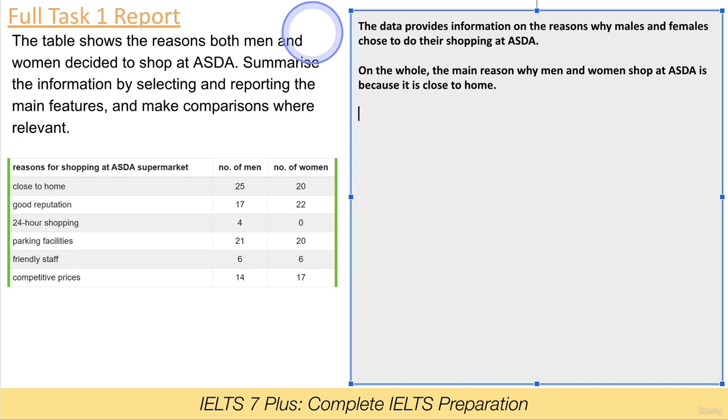So we're not pulling figures from the table just yet. That is what our groups are all going to be about. So let's dive into our first group, and these are the most popular reasons.